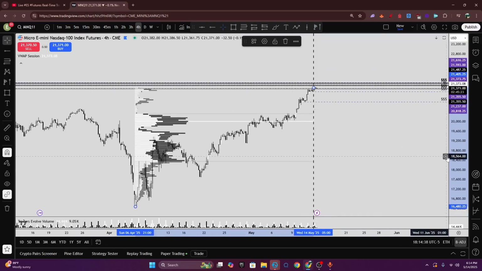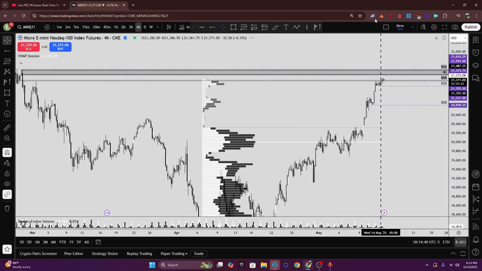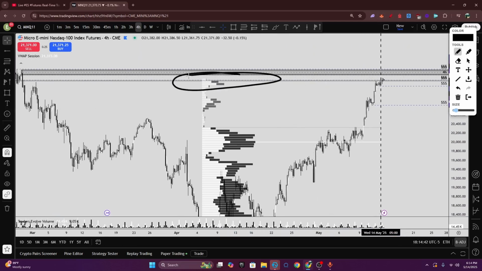It does look like our point of control is below, but if you take a look, volume is getting developed up at this area. So I'm not too worried about price coming down quite yet because volume is getting developed at the price that we are at.